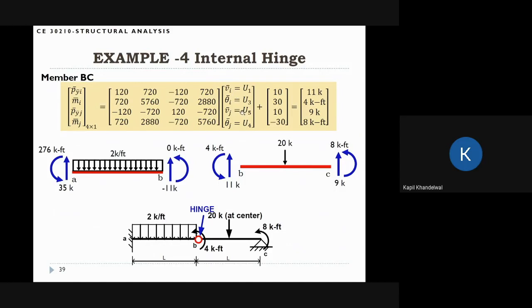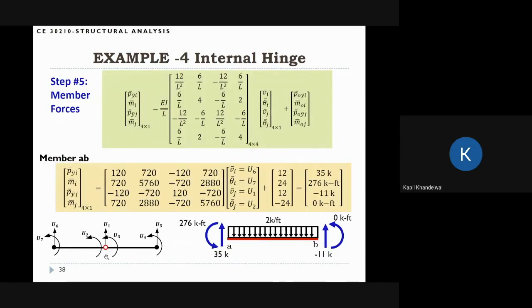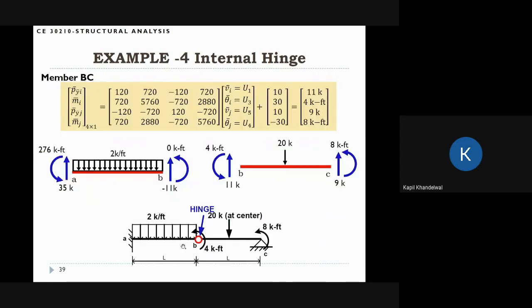And in this case, if we go back here for member BC, the degrees of freedom are U1, U3, U5, U4. So this is the order: U1, U3, U5, U4, Vi, theta I, Vj, theta J. In this case, U5 is actually 0, and U1, U3, U4 are the ones that we calculated.